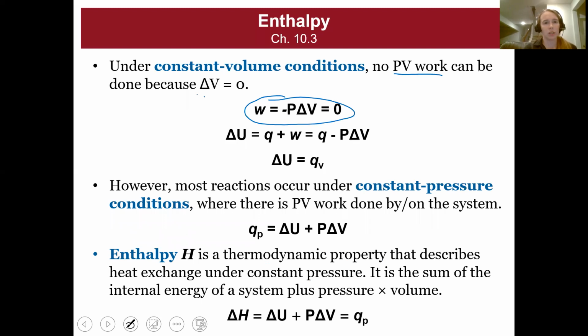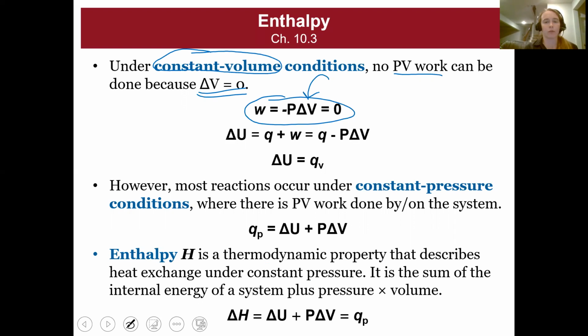So delta V equals 0 under constant volume. Constant volume means there's no change in volume. So if we plug that into our work equals negative P delta V equation, we find that work equals 0. So there's no PV work being done.